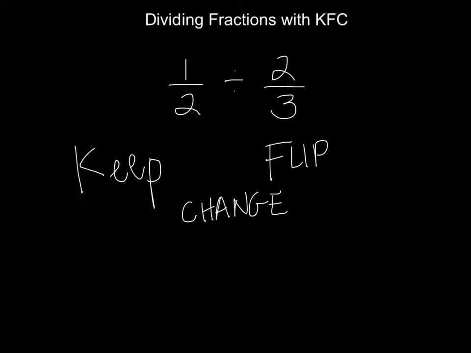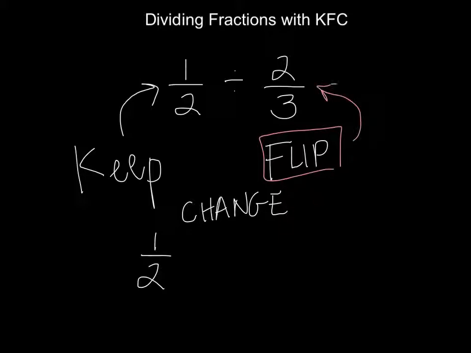The method for keep, flip, change means I'm going to look at my first fraction, 1/2. 1/2 is what I have, so I am going to keep 1/2 the same. Flip means when I look at my second fraction, I'm going to flip the numerator and the denominator.